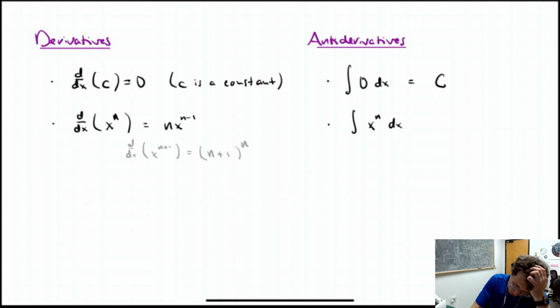If I just try x to the n plus 1, I would end up with this n plus 1. I don't want that, so I'm going to divide by n plus 1.